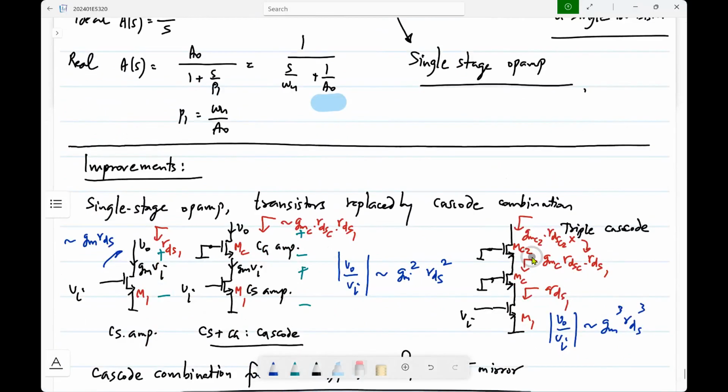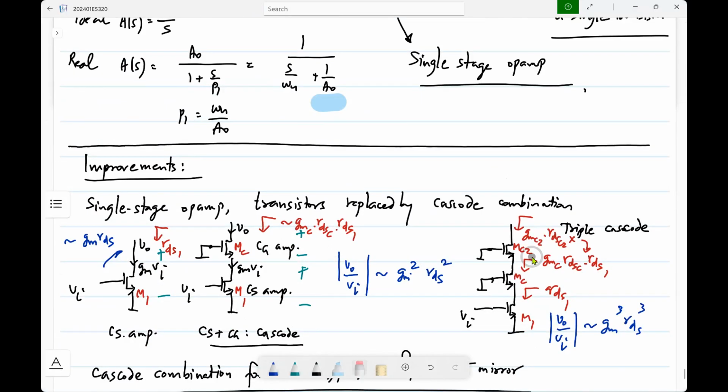But it is possible to improve the DC gain without fundamentally changing much. You still use the same structure, that is a differential pair with a current mirror load.